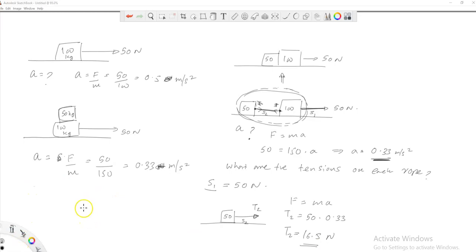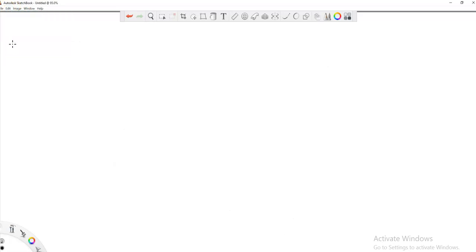Okay, the last example. I'm going to clear all this one more time. So we talk about, let's say, here's the horizontal surface, here's the box. We talk about applying a force like this, the mass, and then you do F equals ma and find the acceleration.